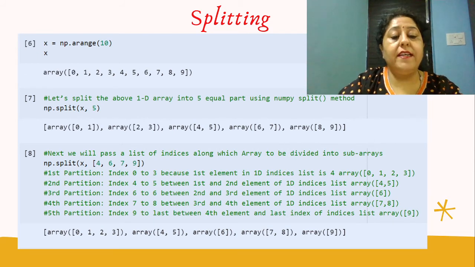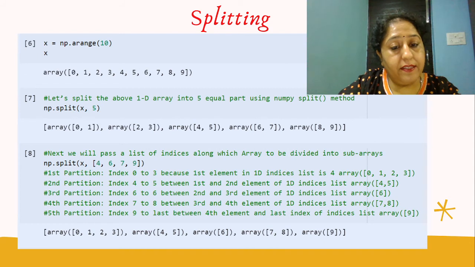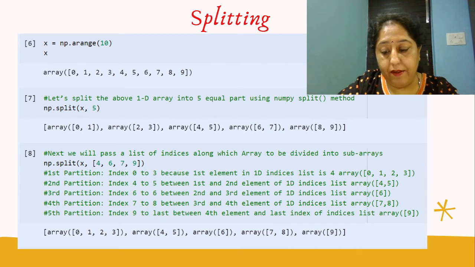So your first array will have values 0, 1, 2 and 3. Second array will have values 4, 5. Third array will have only a single value, 6. Fourth array will have values 7 to 8. And the fifth array will have the value 9.